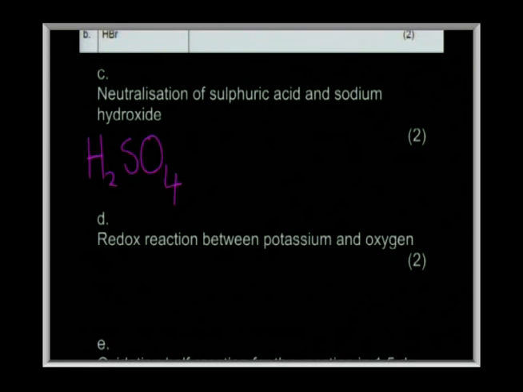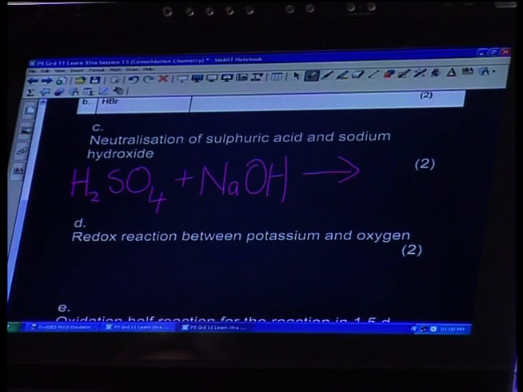Sodium hydroxide, NaOH, also called caustic soda. Very, very corrosive, sodium hydroxide. And in fact, most oven cleaners contain sodium hydroxide because it's able to eat through all of the fat and the things that are splashed around in an oven and get it nice and clean.